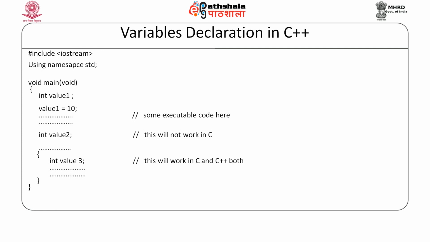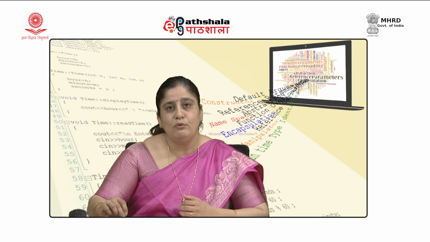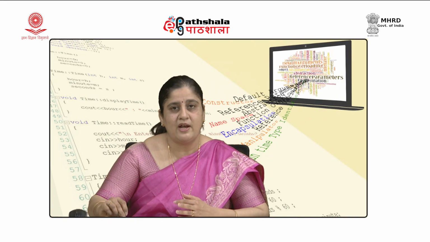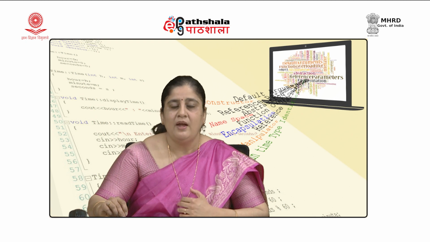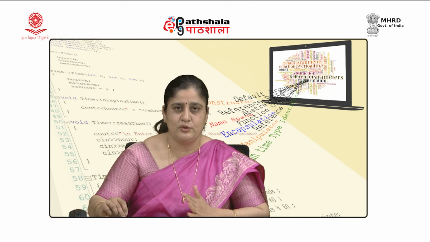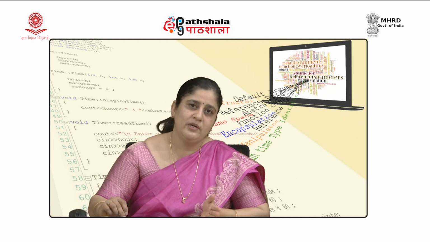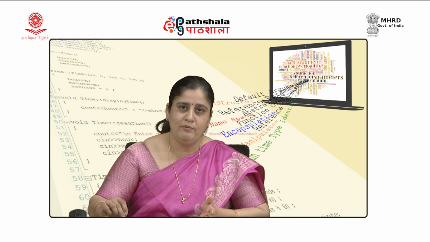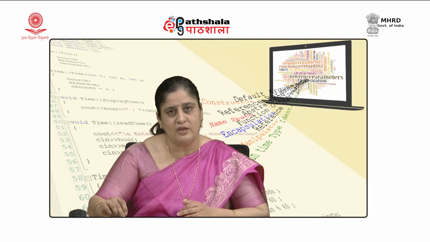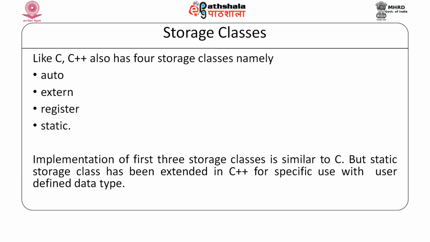Now, where the variable is being defined and how a variable has been defined also determine the scope and lifetime of the variable, and the languages define the various storage classes to which a variable would belong, and the storage classes will tell us what is the scope of the variable and what is the lifetime of the variable. In C++, like C, we have 4 storage classes, namely auto, extern, register and static.